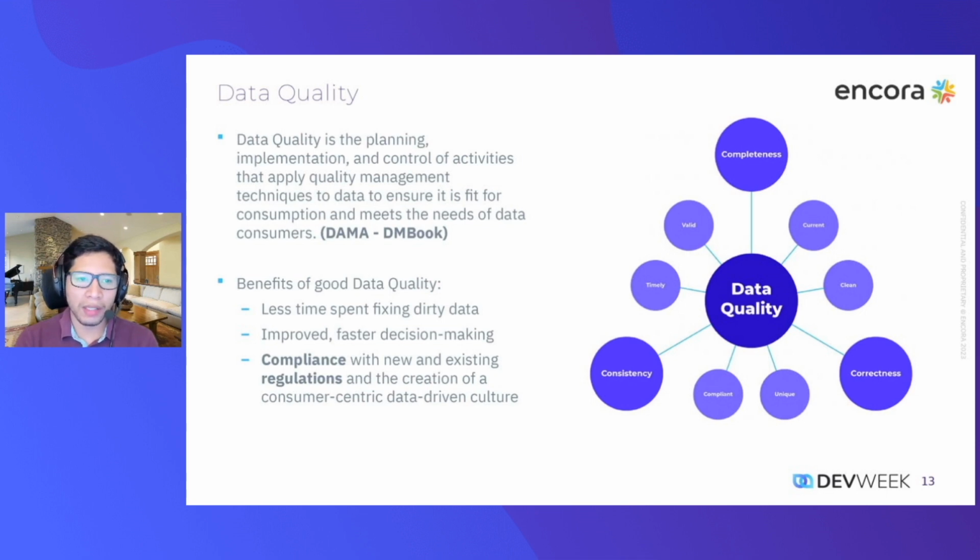So that way we make sure that the consumption meets the needs of all our data consumers. And all these three concepts, data quality, data observability, and data catalog, all of them belong to data governance. Data governance is a huge topic to talk about, but in this meeting, we are just focusing on three: data quality, catalog, and observability.